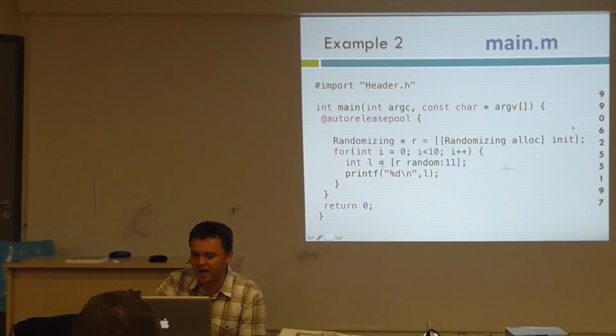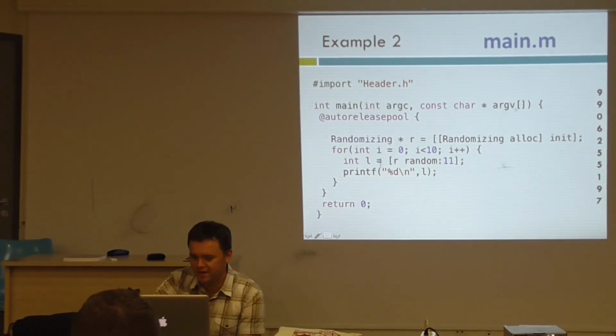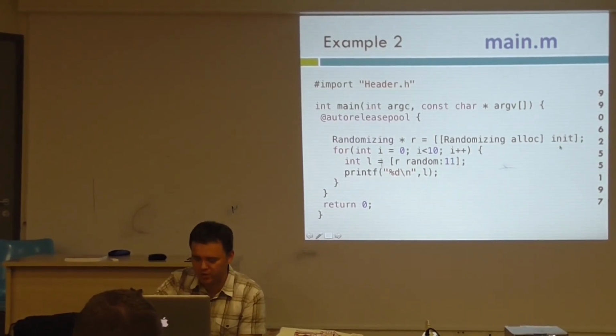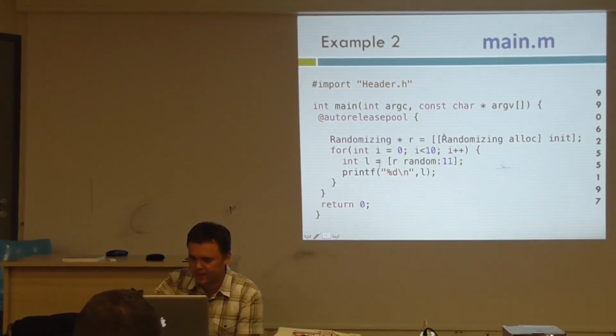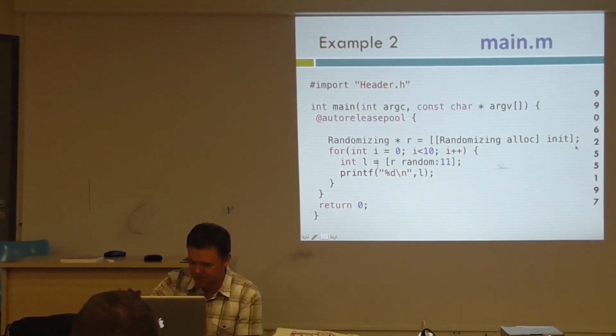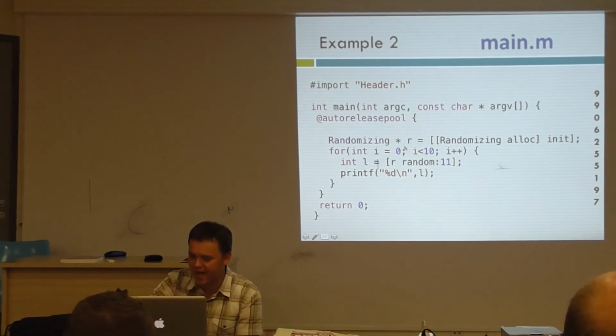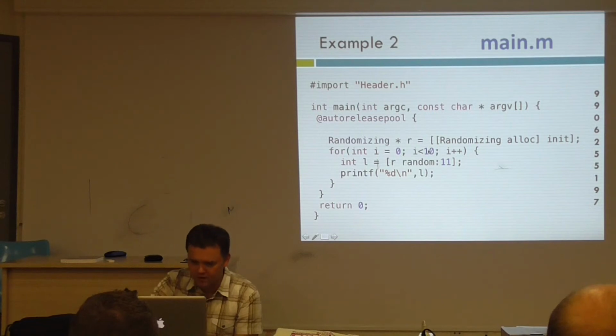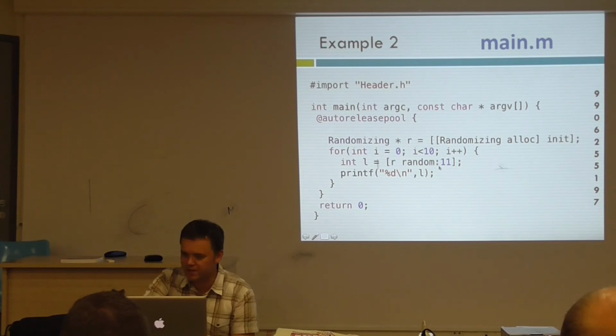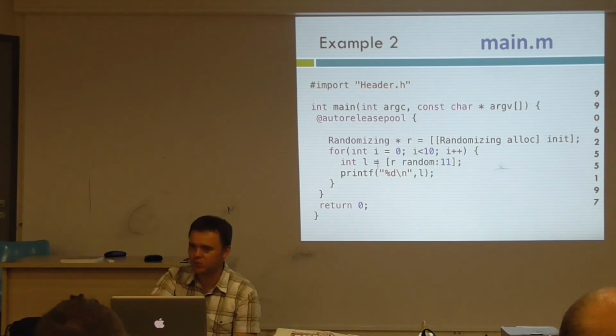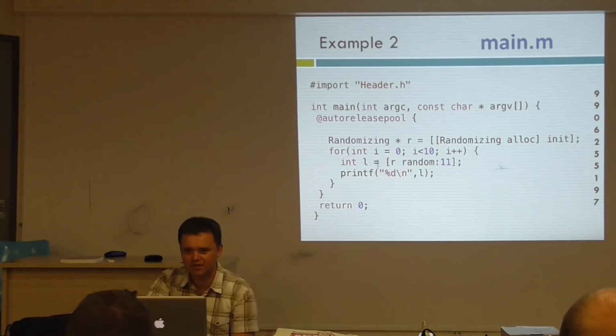And you can see how we can call the object in Java, so in Objective-C. Randomizing, unlock previous, and now we can access the object represented by the pointer to this class. Then there is a for loop, well known, and we can call the method, but in Objective-C we are not calling a method, we are sending a message.